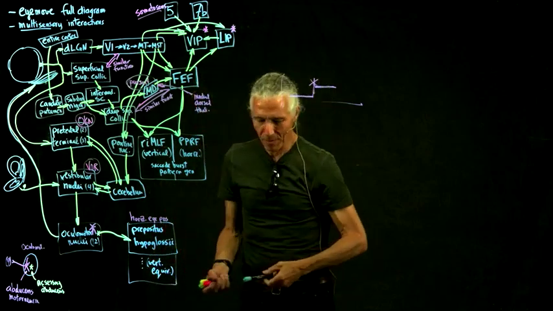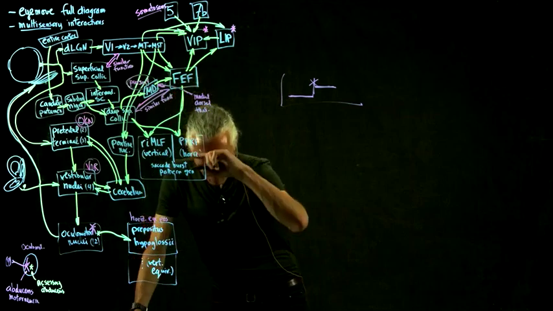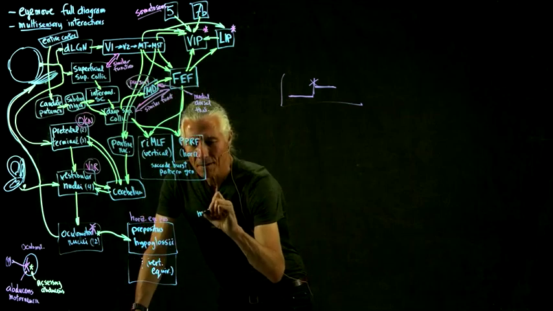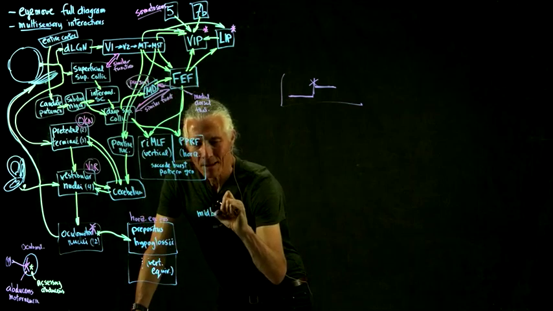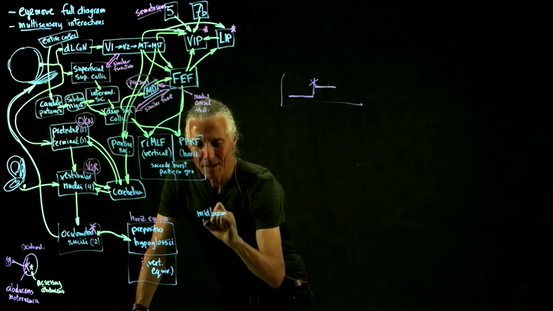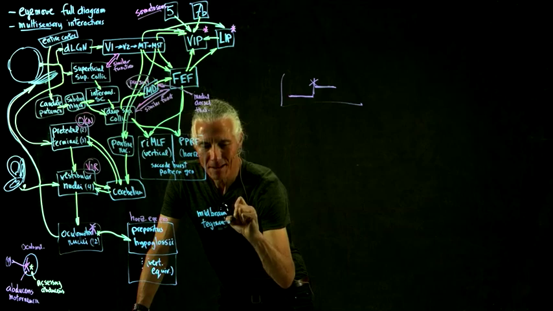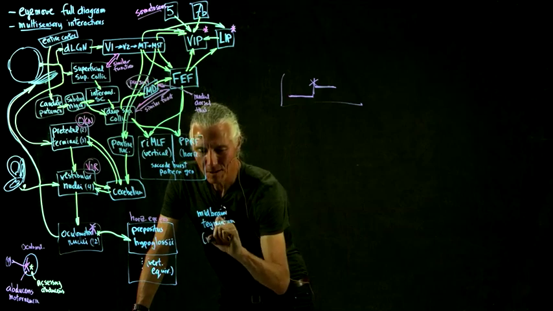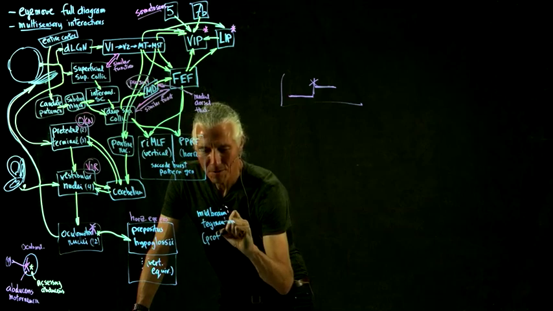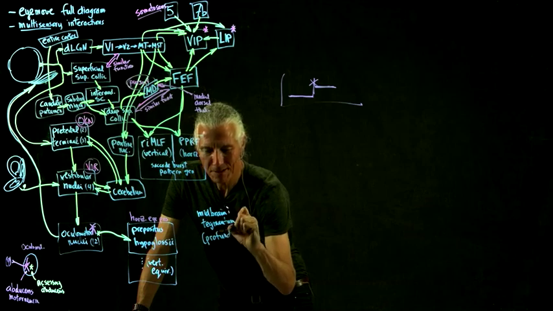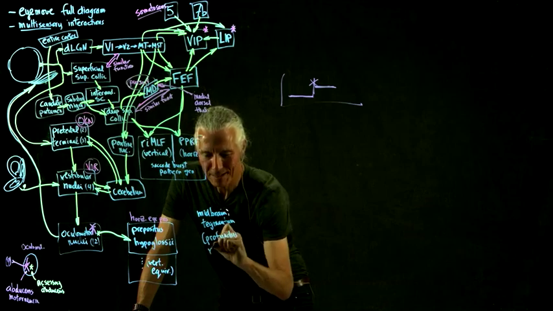And so then that information gets fed back to the midbrain tegmentum, which just means the floor of the midbrain. Sometimes this is called profundus, the deep mesencephalon.